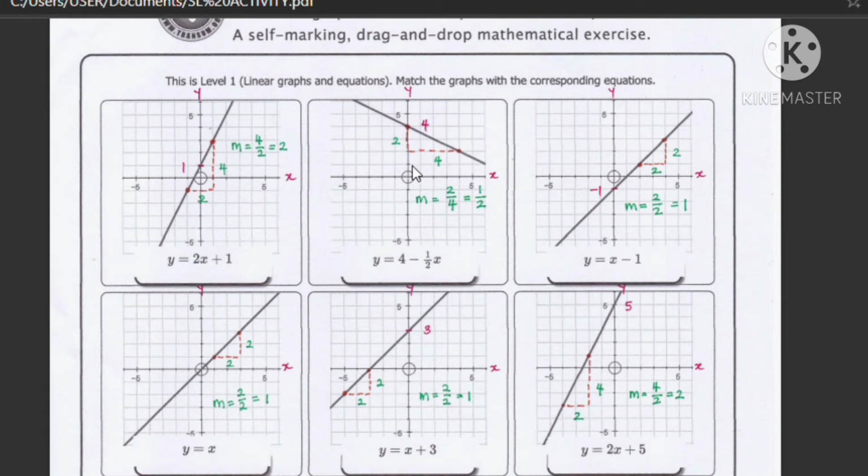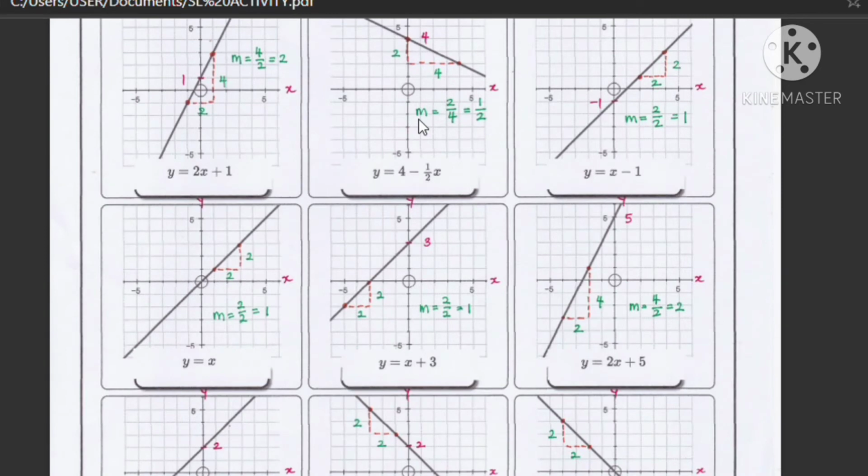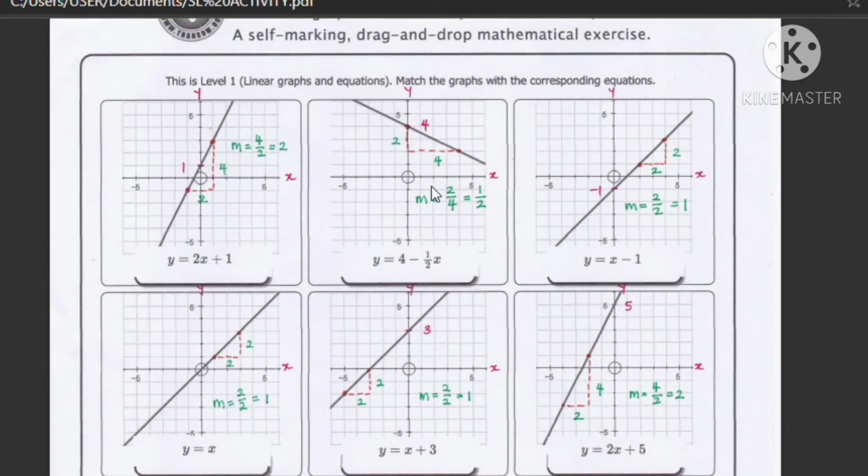So for here, I forgot to say that you have to identify the gradient, whether it is positive or negative. Yeah, class. So for this function, the answer is y equal to 4 minus 1 over 2x. Just because the x term is at the back doesn't mean it is the y-intercept.